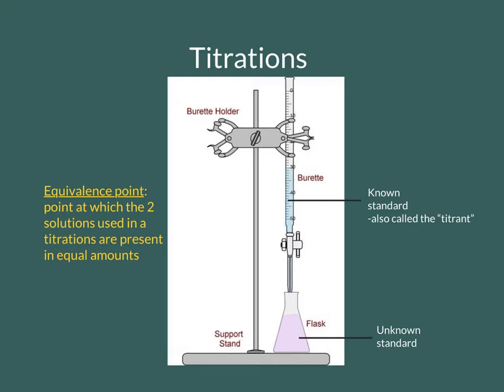It's also when the amount of hydronium ions are equal to the amount of hydroxide ions, resulting in a pH of 7. That's why titrations often involve an indicator that will change color when that equivalence point or that pH of 7 is reached, indicating that the concentration of our acid and our base are now equal.